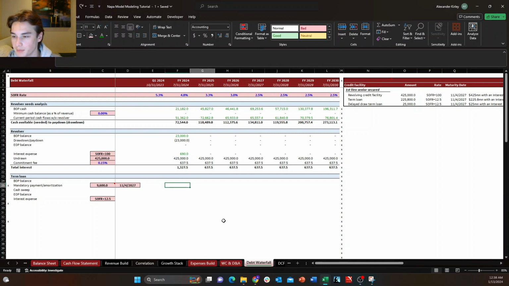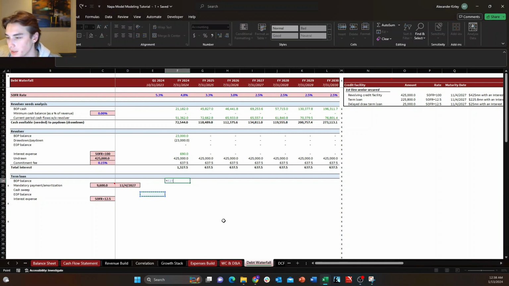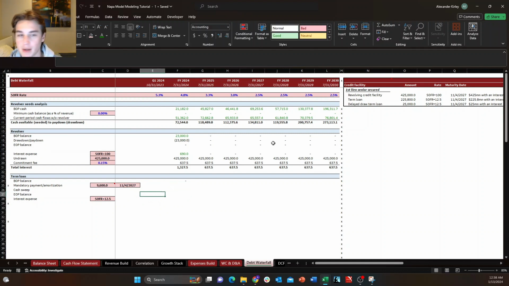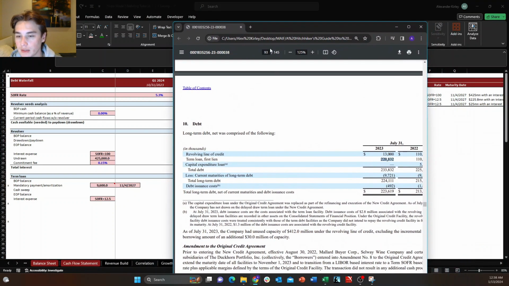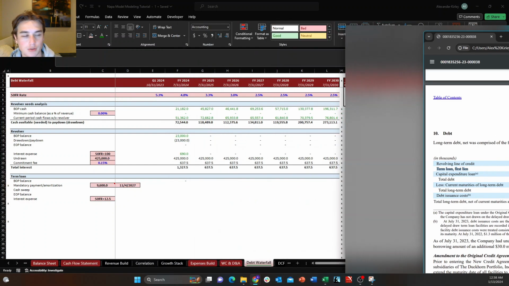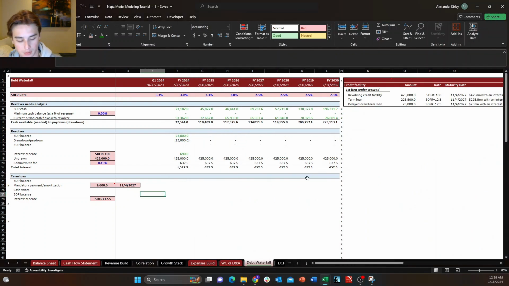So let's set this up so we know that our beginning period is going to be equal to our end of period from the previous period. And for our end of period balance, we want to use end of 2023, and we can see that the end of period for 2023 for the term loan was 220,832,000. So 220,832. Excellent.